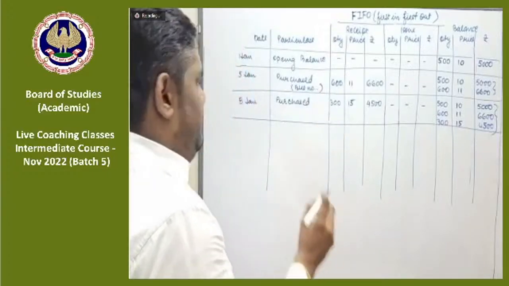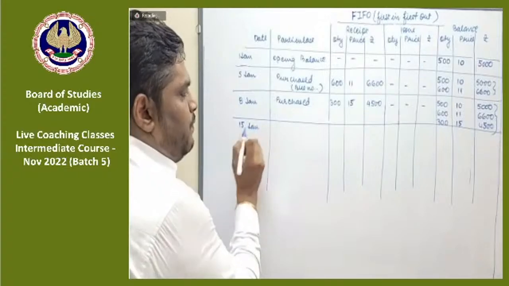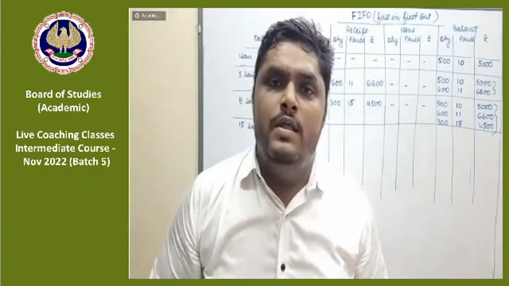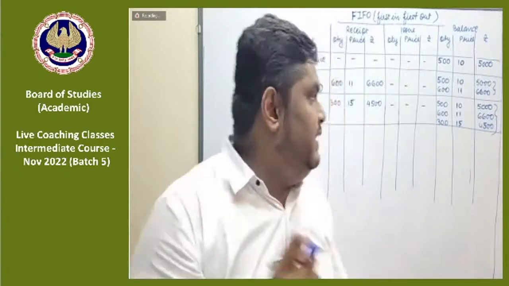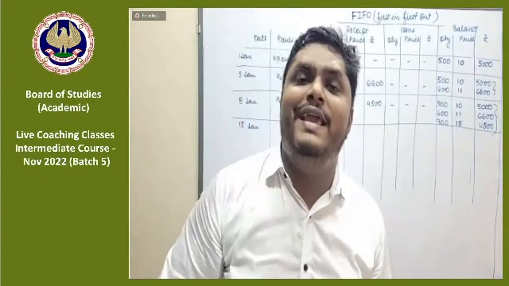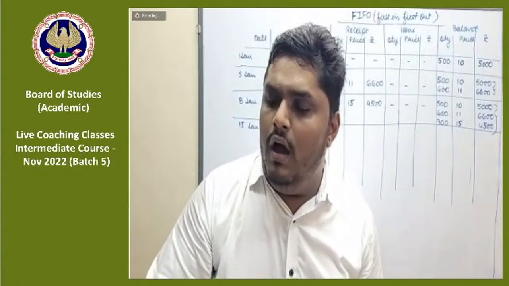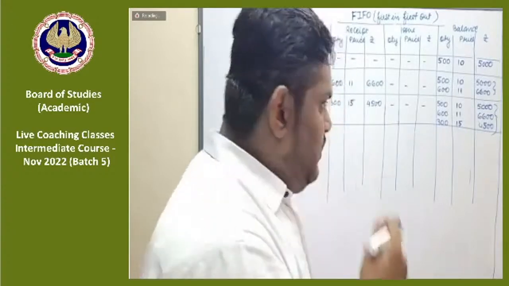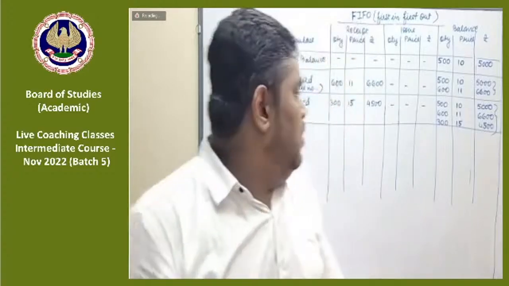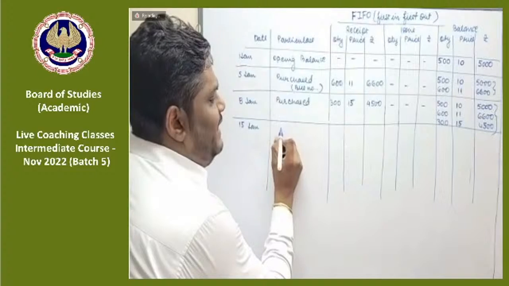Now let's say on 15 January, the production department raised a material requisition that we need, let's say 700 kgs of raw material. It is not necessary, but if it is given in the question, then it is advisable.